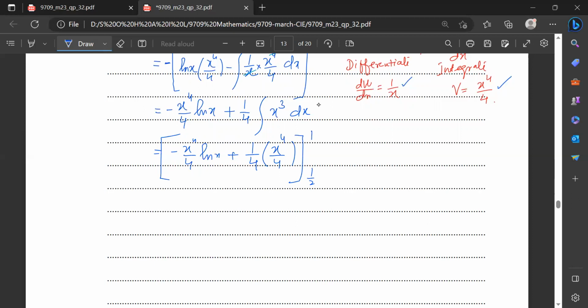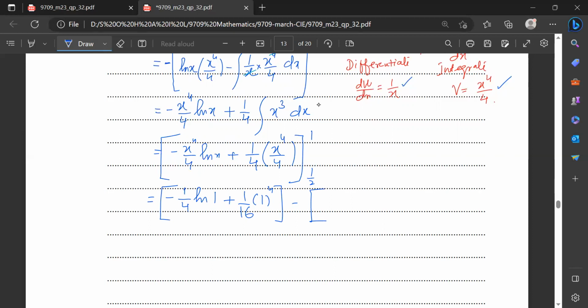Now, using the upper limit, so the upper limit is 1 minus 1 upon, because 1 power 4 is 1, natural log of 1 plus 4 fours is 16 and 1 raised to the power 4. This is the upper limit, minus the lower limit.